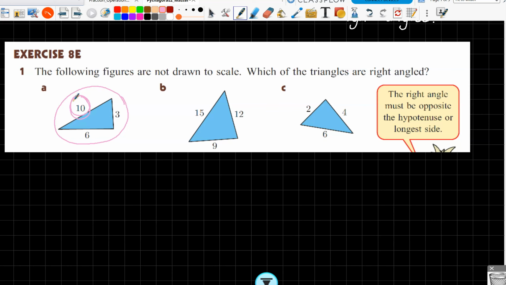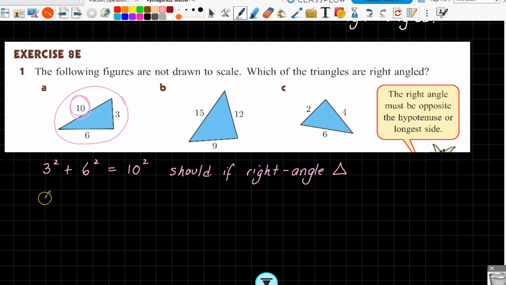So if this is a right angled triangle, would you agree that 3 squared plus 6 squared should equal 10 squared? Do we agree? So it should, if it's a right angle triangle.